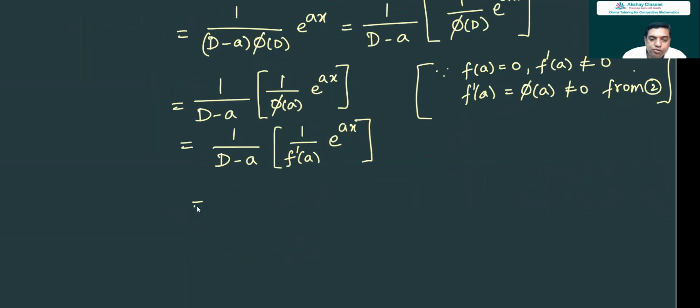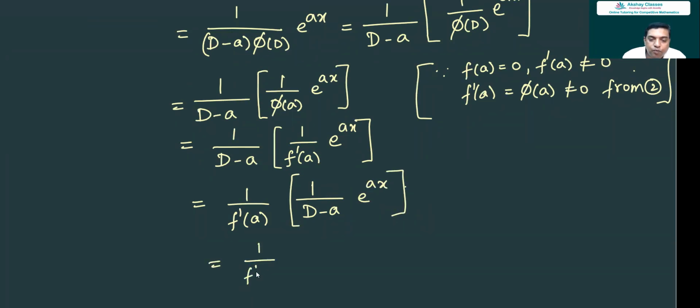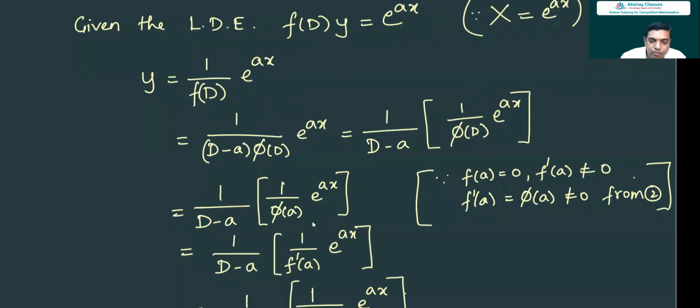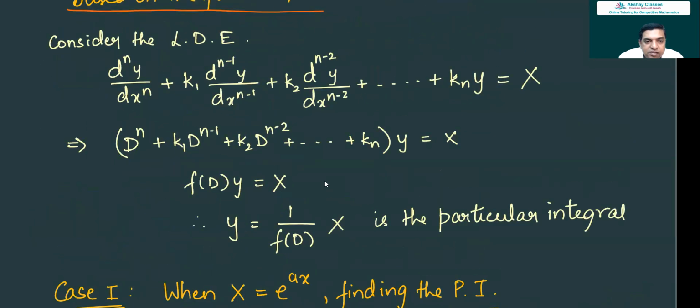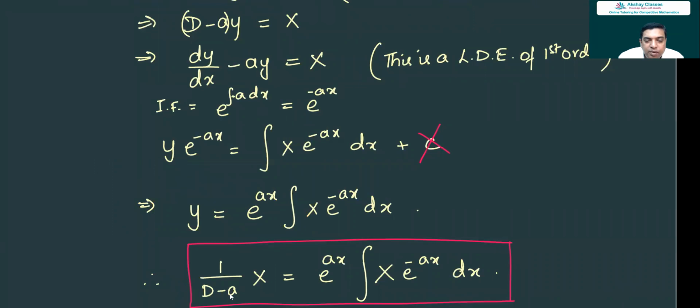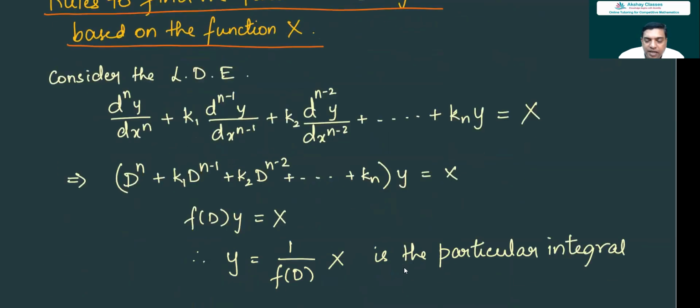And this comes out 1 by f dash a times 1 by d minus a times this. Now we know from the operator what we discussed some time back here, 1 by d minus a operating on x is e power ax, integral of x e power minus ax.